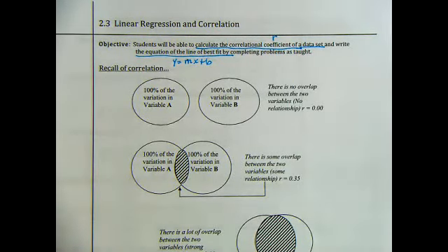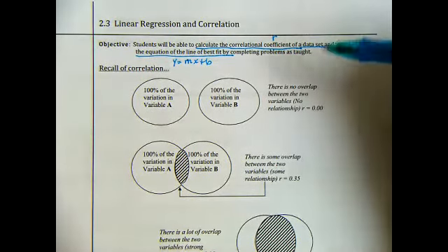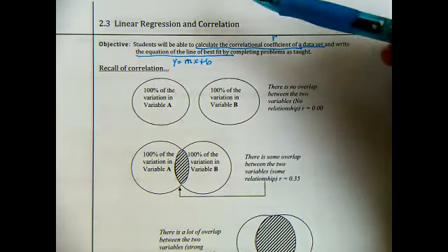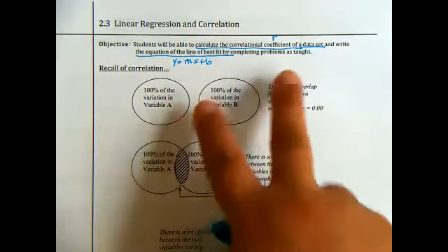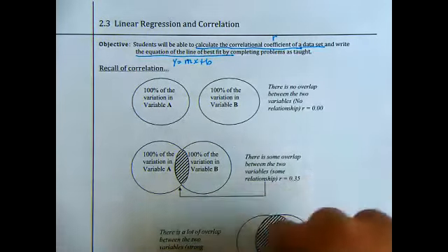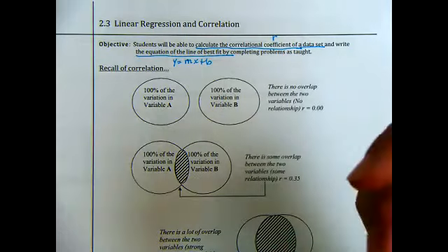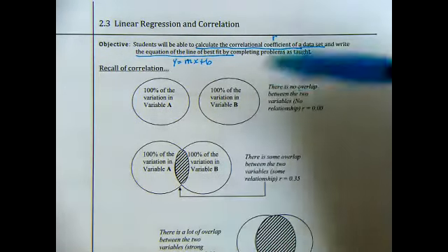So remember that correlation is all about how two variables or two sets of variables relate to each other, how they connect or how they move with each other.